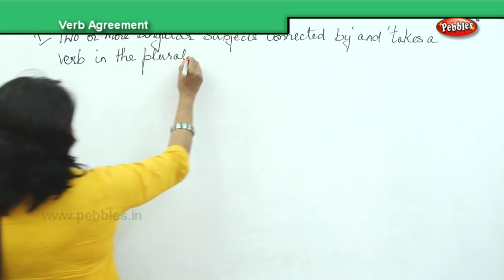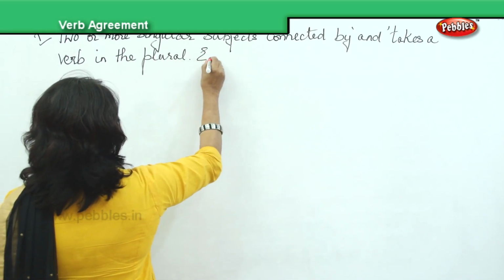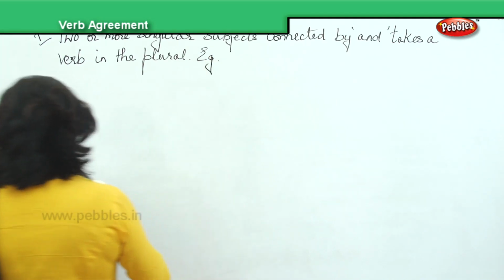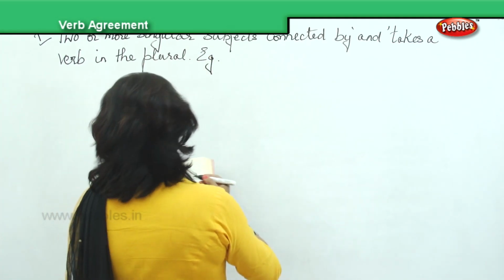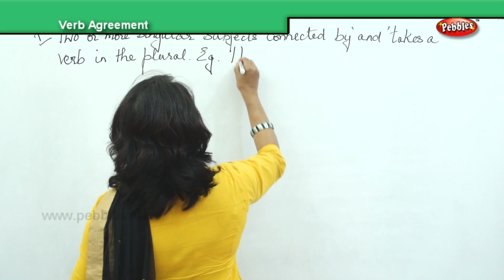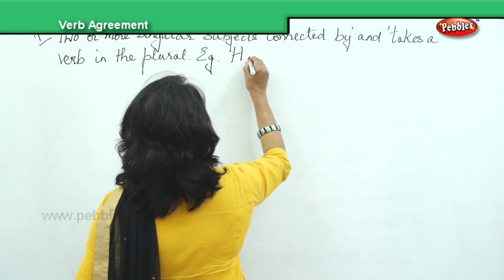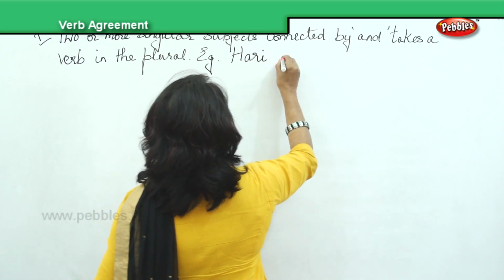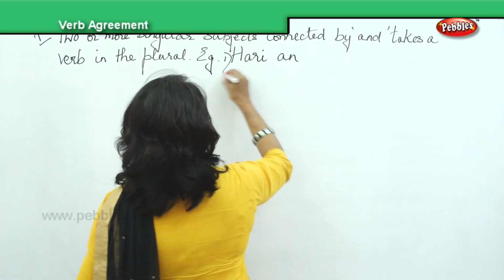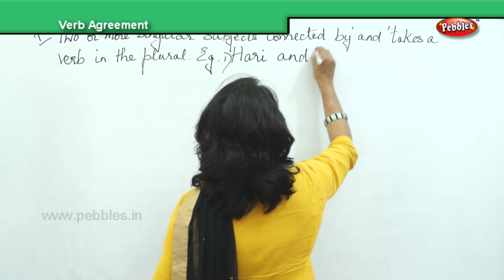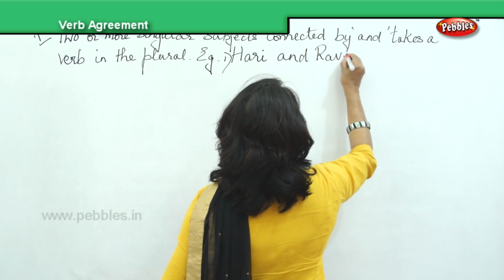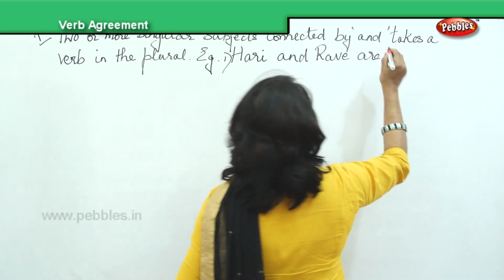Okay. Now for example, Hari and Ravi are friends.